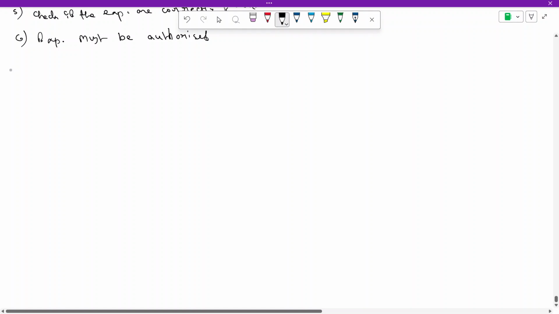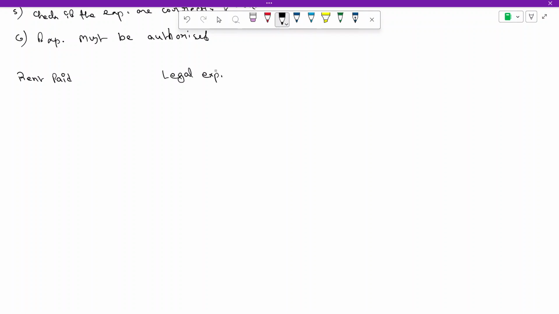First is rent paid, legal expense, and insurance expense.